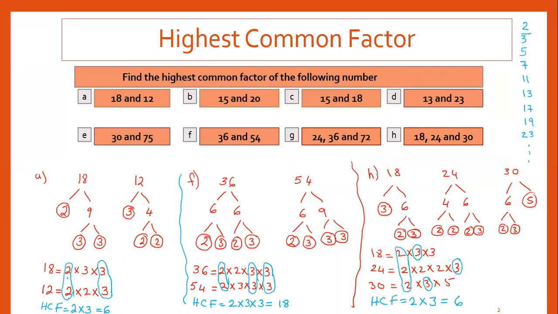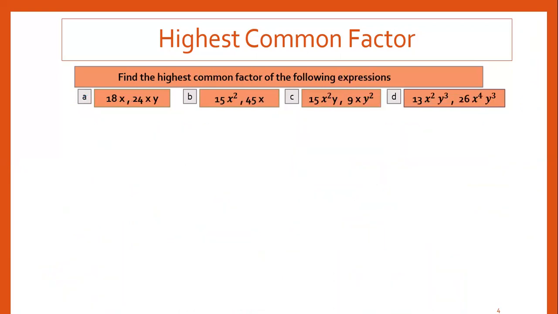So when you factorize and you get any of these, or you can even extend more, we circle it because these are the prime factors. Now I want you to pause the video and take the time to solve the rest of the questions. We have solved A, F, and H. You do the rest, then move on to algebraic terms.